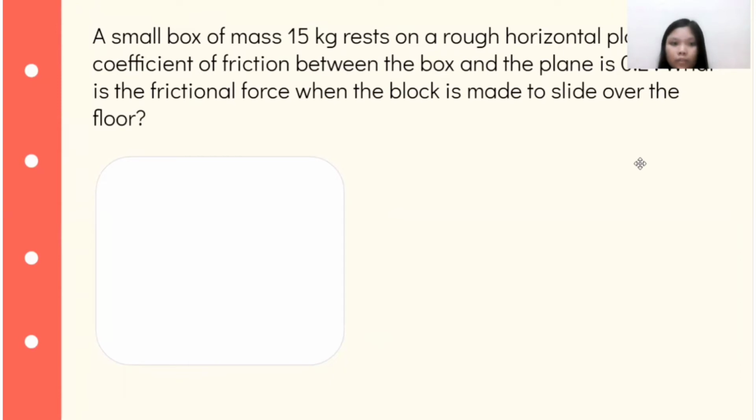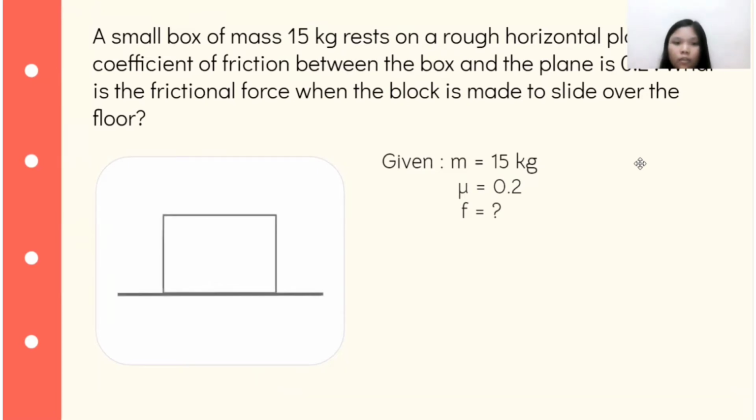First, we need to write the given. The given is m, or mass, equals 15 kg. Mu is 0.2, and we need to find the frictional force, or F. Then we need to interpret the diagram.